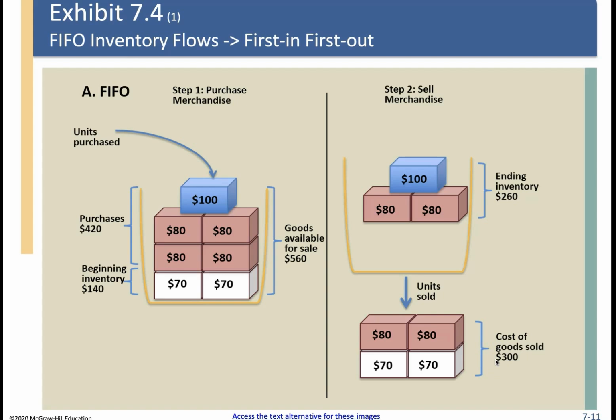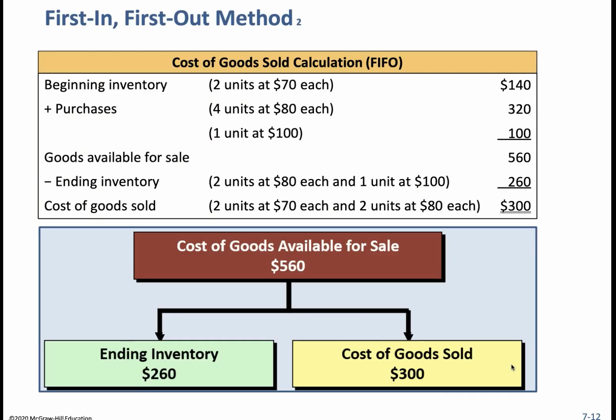If rounding is involved, it matters from a very small decimal point perspective. It matters which number you calculate first, because that would affect the other number. So pay attention in your homework. The textbook may ask you to calculate the ending inventory first, and then to get to the cost of goods sold. If that is the case, you need to follow the instruction, okay? Because if rounding is involved, which number you calculate first matters.